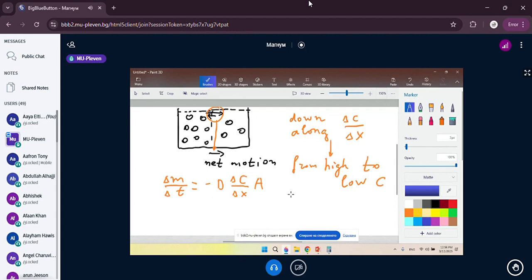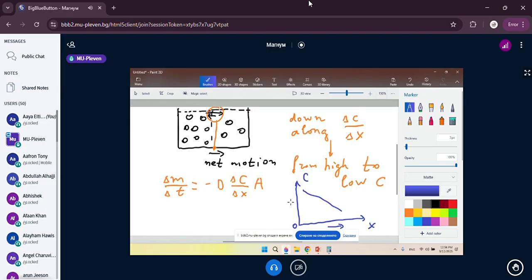And if we have to represent diffusion graphically, in what way concentration changes over space, then we've got this. You see, X increases from 0 to the left.